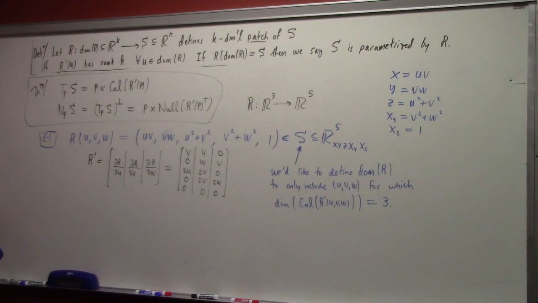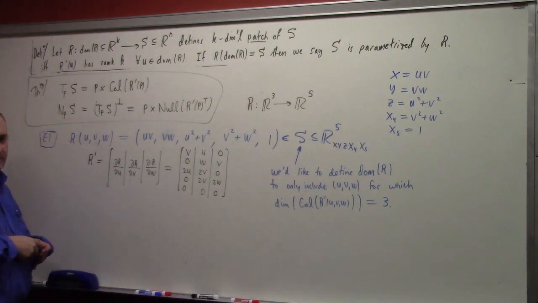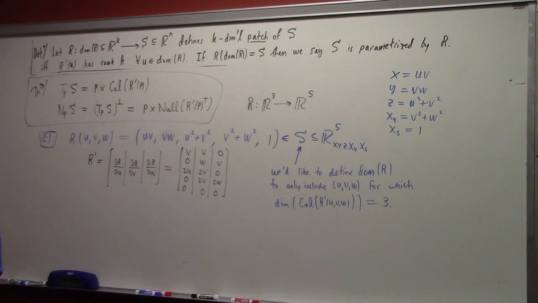So that's a question that's maybe one you haven't thought about before. How do you judge whether or not this 5 by 3 matrix has rank 3 if you've got variables?